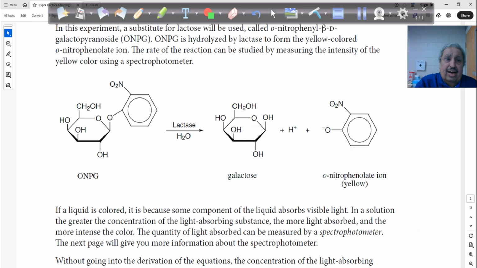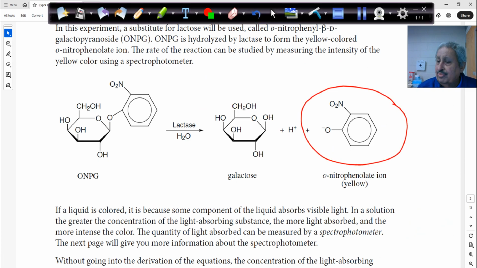So we will have this yellow solution. We can follow its concentration versus the absorption of the light. It's a yellow solution, and with different concentration, you can see the absorption, the intensity of the light will be directly proportional to the concentration of this compound.